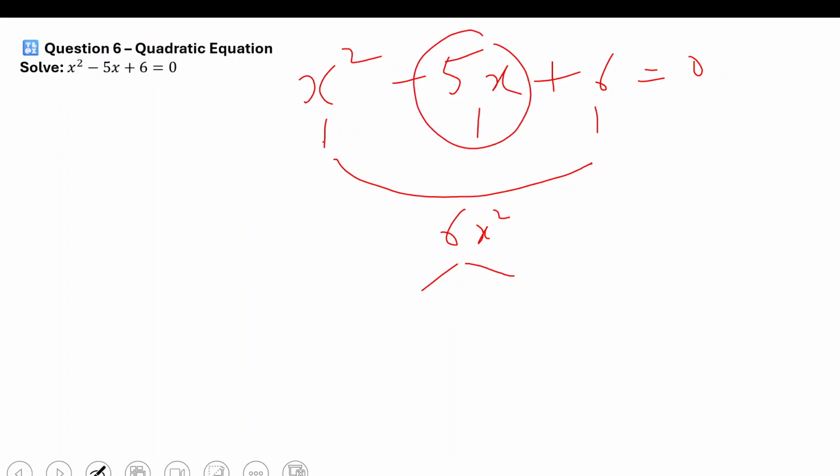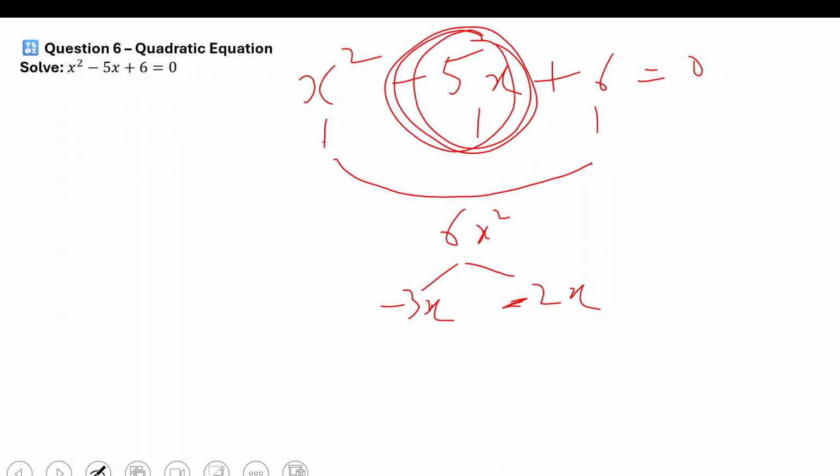Those two numbers are minus 3x and minus 2x. Let's check. Minus 3x times minus 2x gives 6x squared, and minus 3x plus minus 2x gives minus 5x.